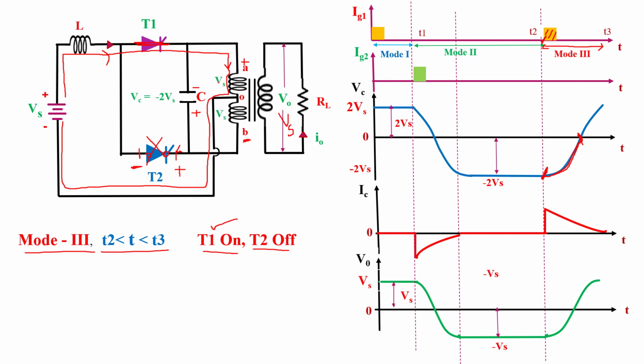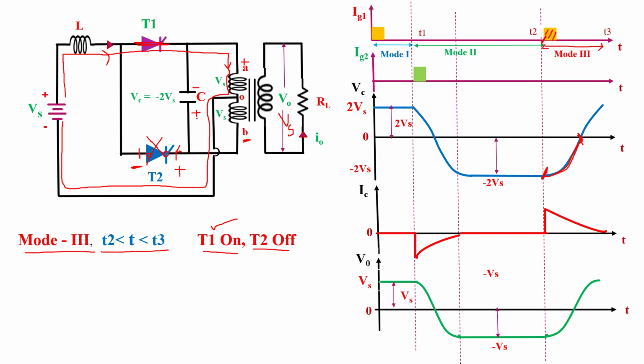But we know that at this time instant, the capacitor should be charged from plus 2 Vs supply voltage. But due to the property of the capacitor, this will not happen, because a capacitor cannot change voltage instantaneously.